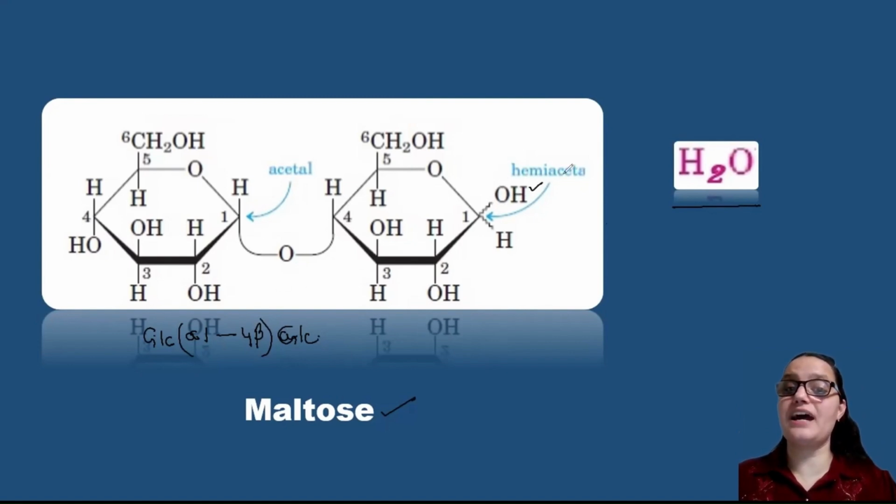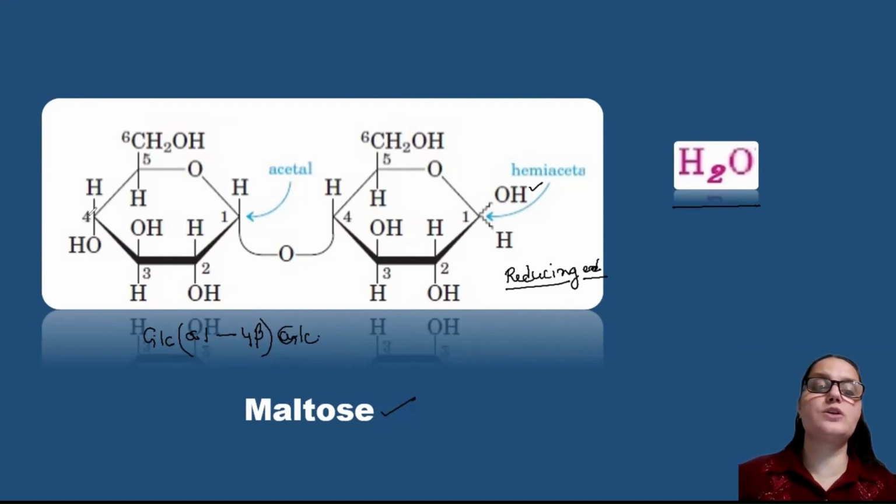Whenever there is a free hemiacetal available for further reactions, we say that this sugar has the reducing end free. This is the reducing end of this sugar, right? Why this is called the reducing end, I will explain in the next video.